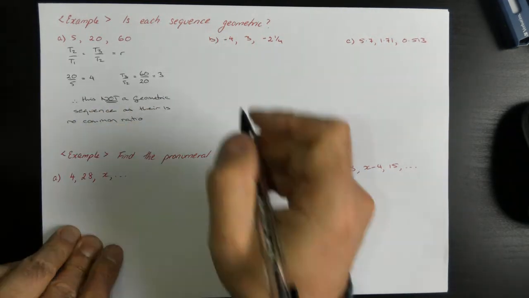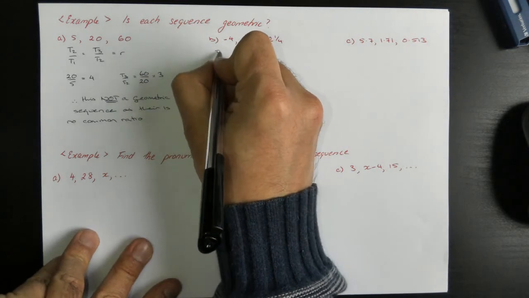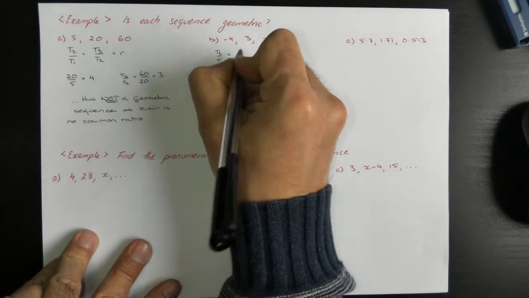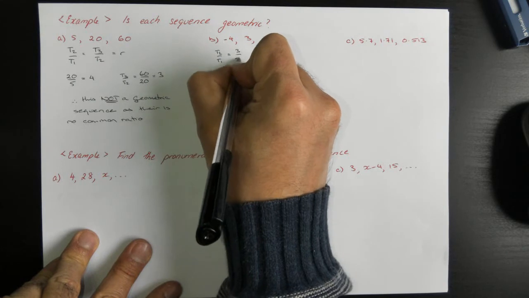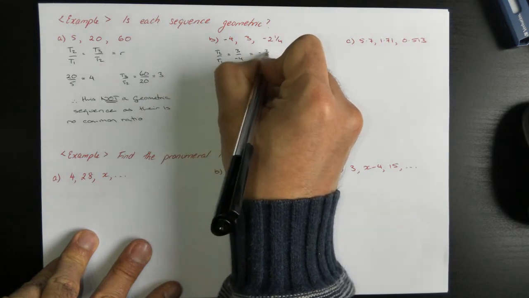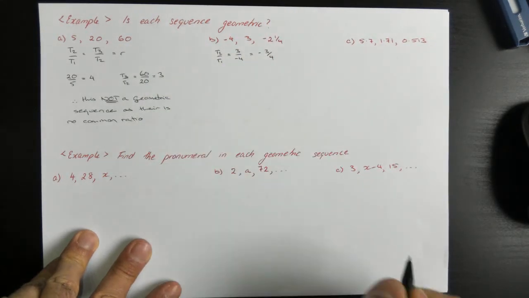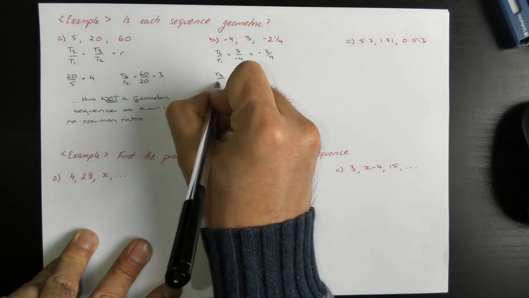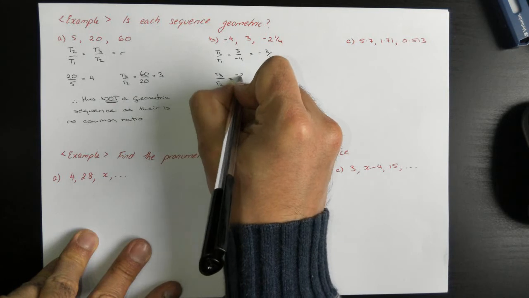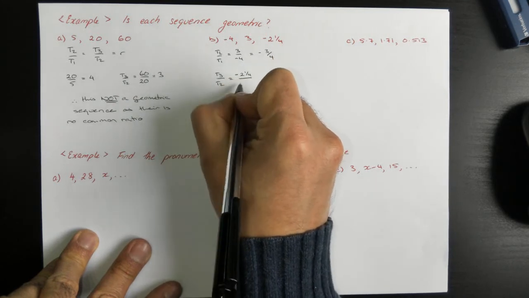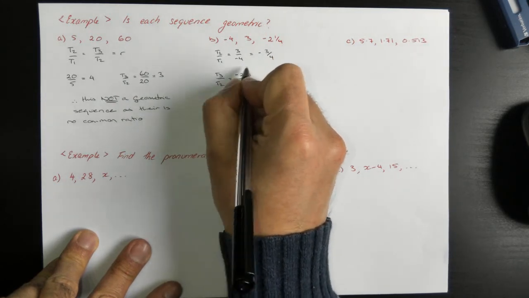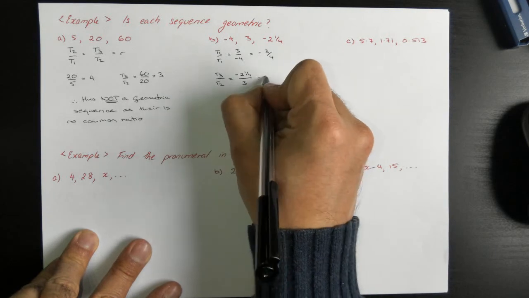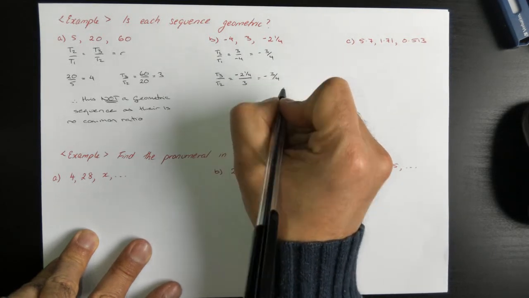Okay, let's try this one. So T2 over T1 is 3 over negative 4, which is negative 3/4. Okay, let's try then T3 over T2. So negative 2 1/4 divided by 3, if you plug that into the calculator, you will also get negative 3/4.